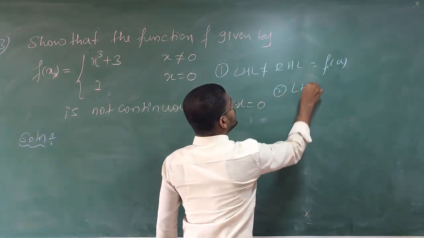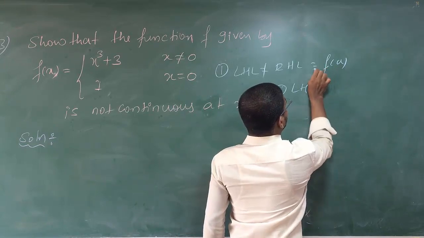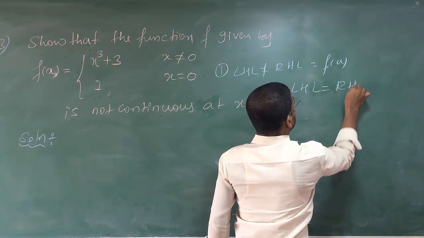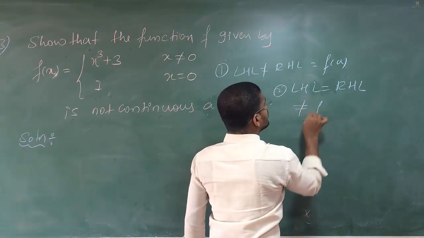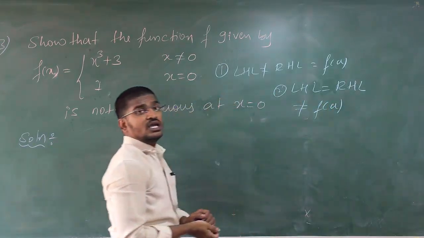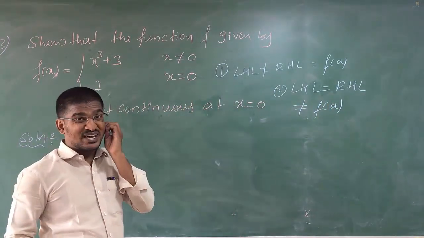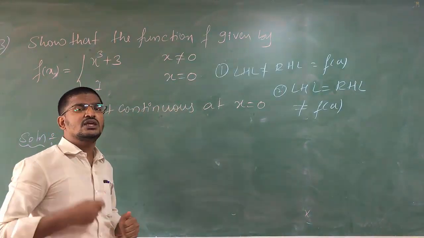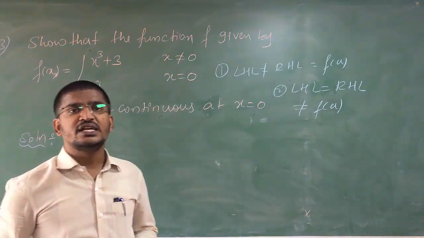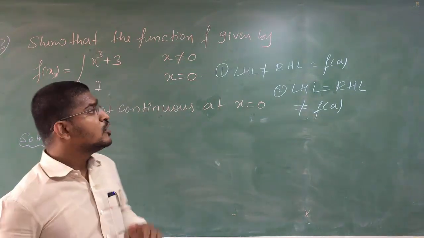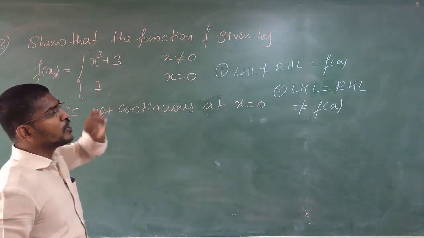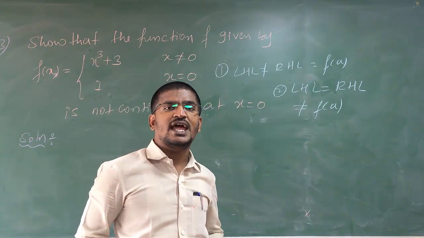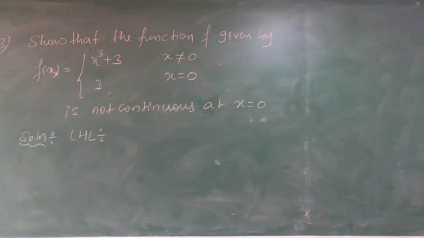Second case, LHL equal to RHL, but both may not be equal to f of a. In this type of problem you have to calculate both LHL and RHL, then go for the continuity definition. Have you got my point? So make sure that in this type of problem, you must find LHL and RHL.